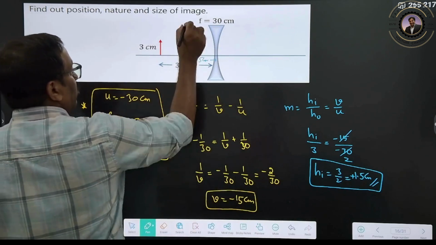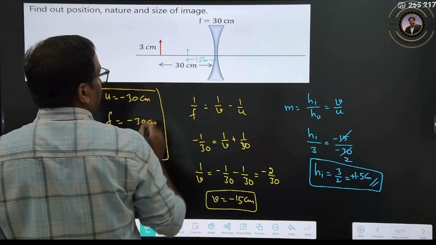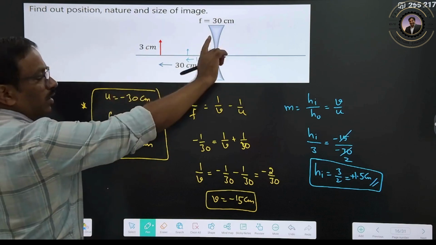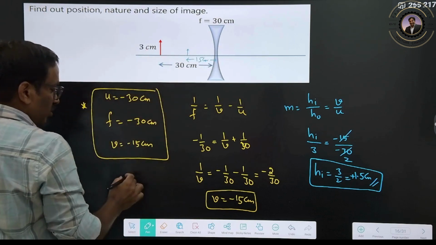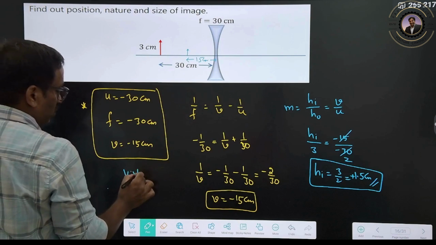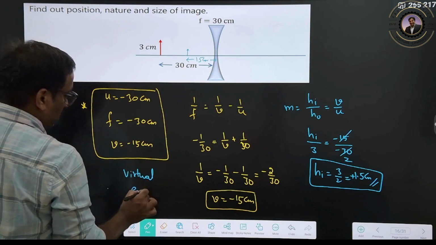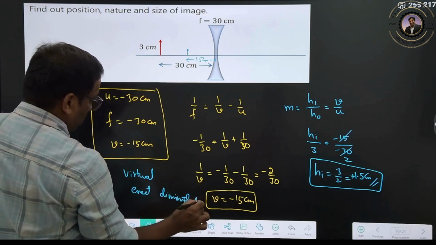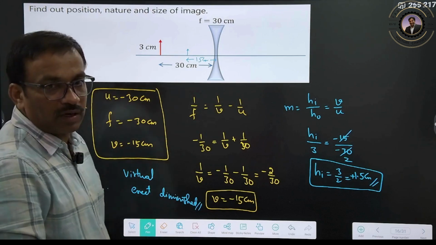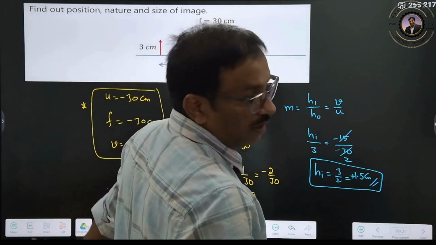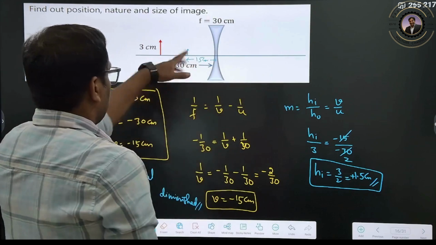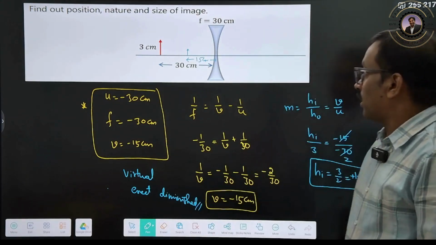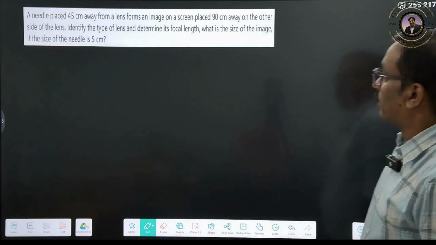So it will be created above the principal axis. How will the image be? For a concave lens, it is a virtual image, erect and diminished, clear? For a concave lens this is the nature of the image, and this is your height of the image. Understood? Now let us see one more question, clear?